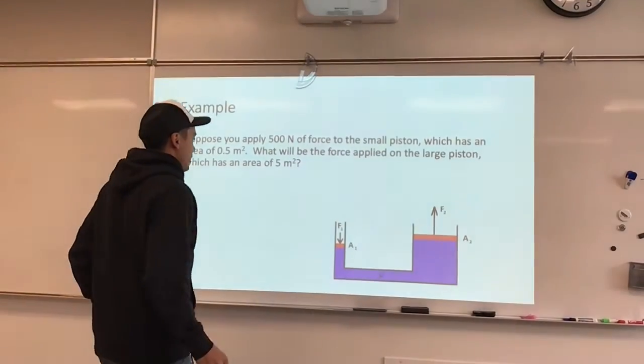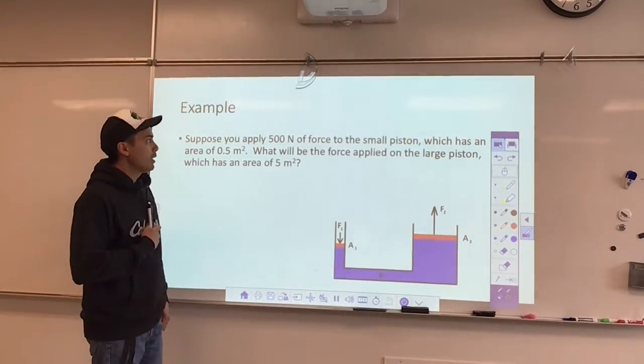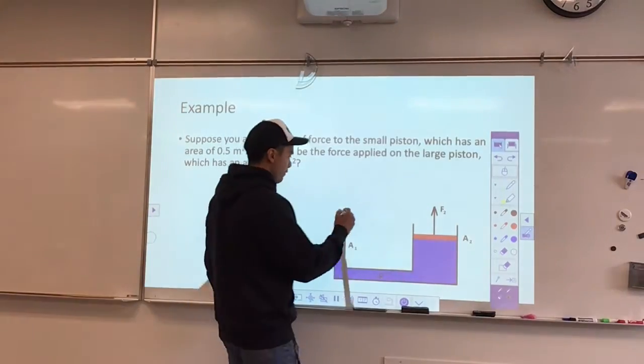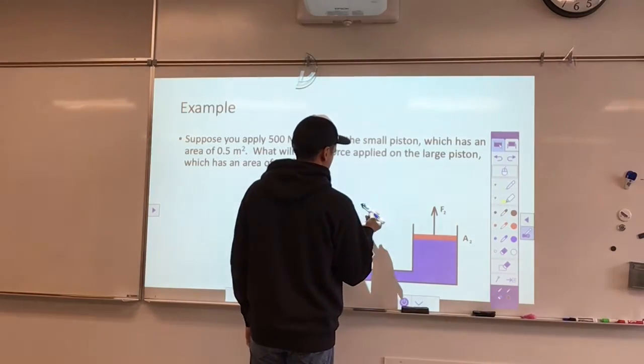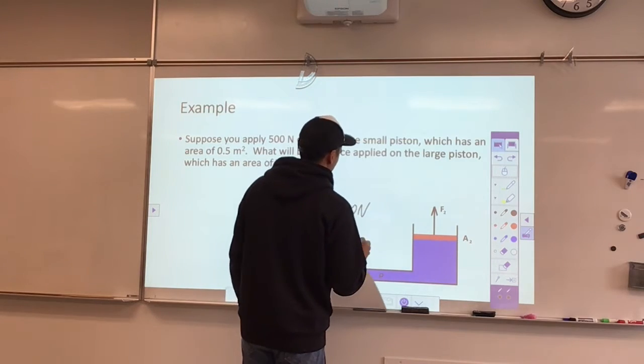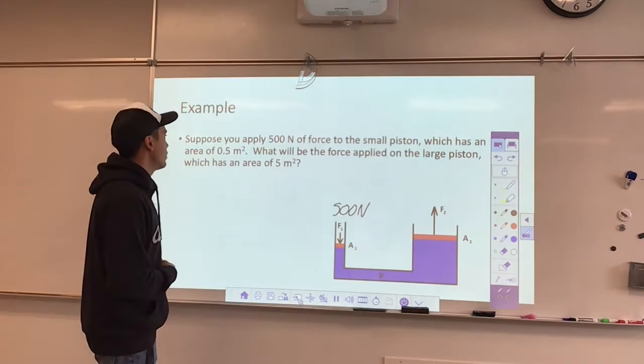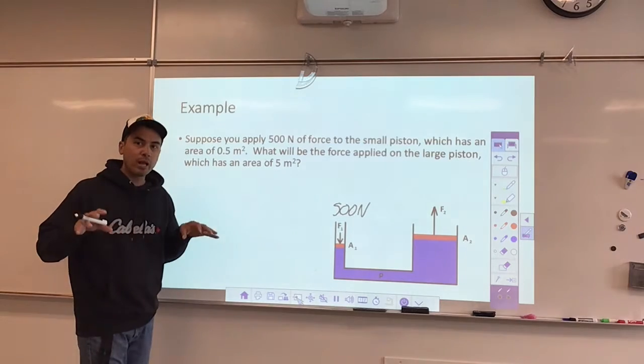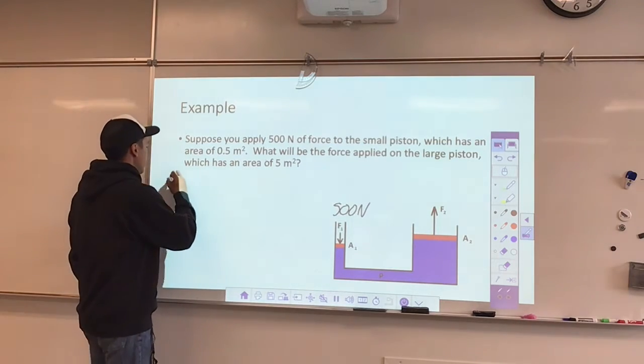Alright, let's check out this example. So we're going to apply 500 newtons of force right down here on this piston over an area of 0.5 meters squared. So let's figure out how much pressure is going to be on this fluid.